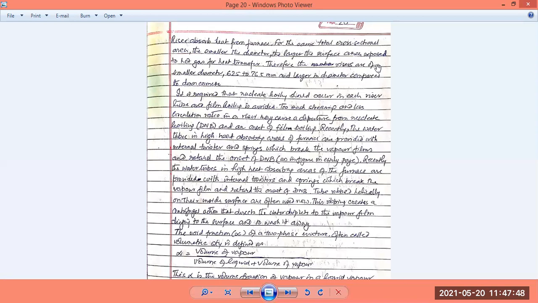Now, too much steaming and less circulation ratio in a riser may cause a departure from nucleate boiling (DNB) and an onset of film boiling.